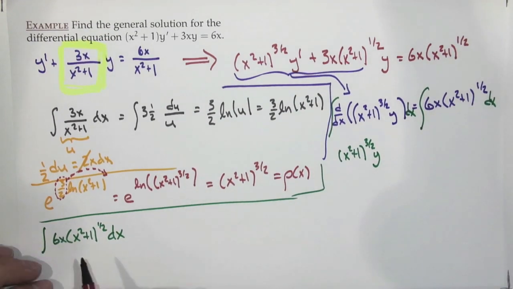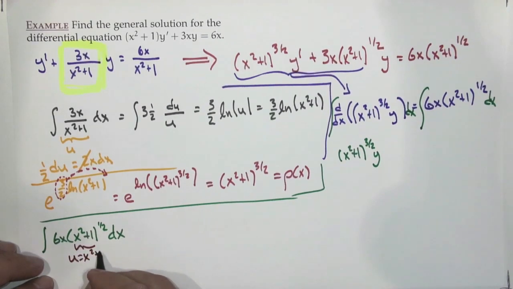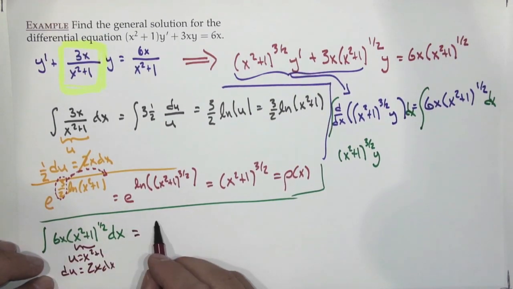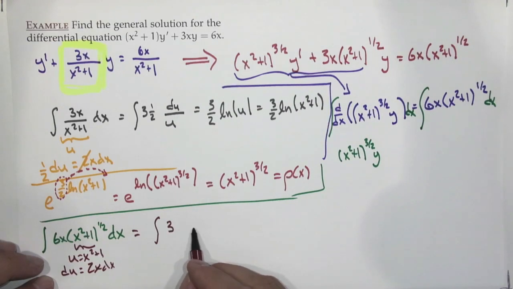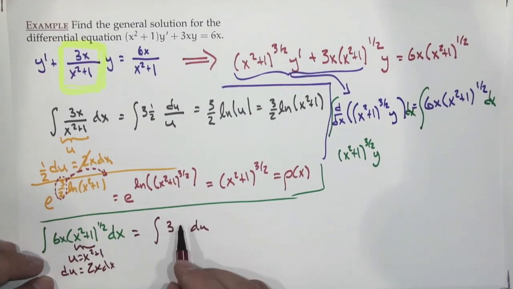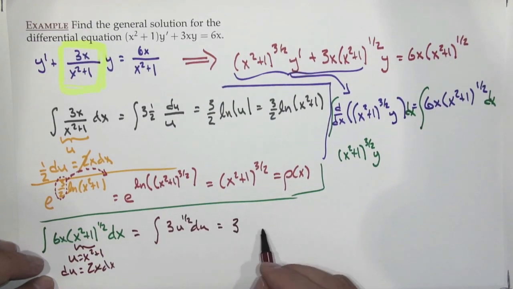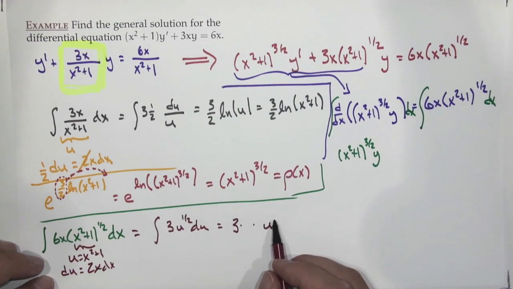All right, so u equals x squared plus 1. What is du? 2x dx. And very conveniently here, well, we have 6x, so we can make that a 3 du. And then we have x squared plus 1 to the 1/2 will become u to the 1/2. All right, well, what's the integral of u to the 1/2? U to what power?